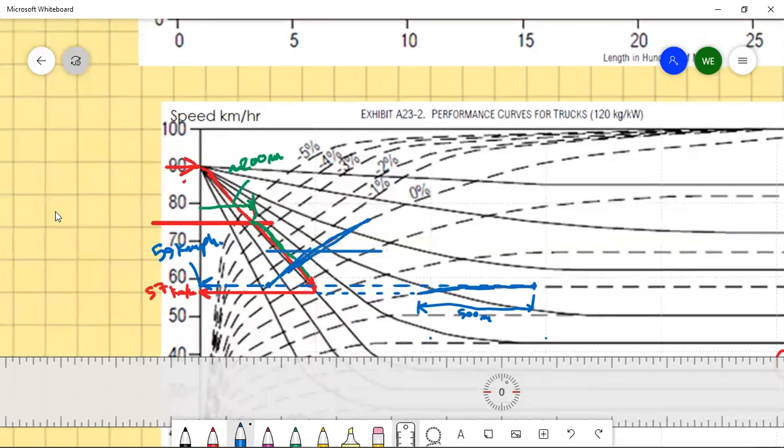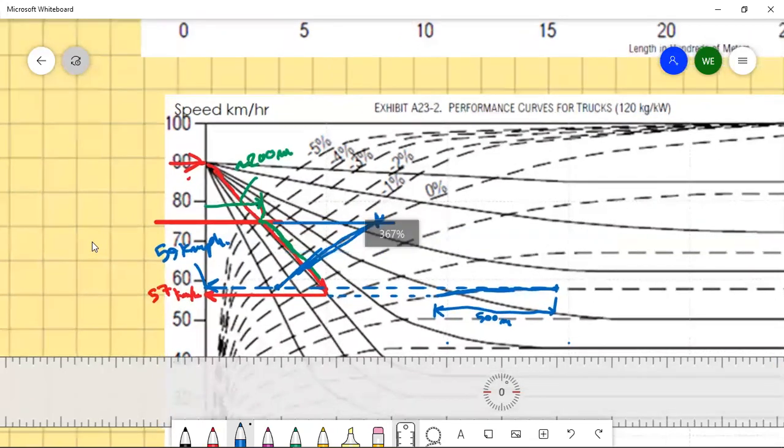I think we need to go up a little bit more. But we are going to stop right here, so this is a little bit shorter than 500 meters.